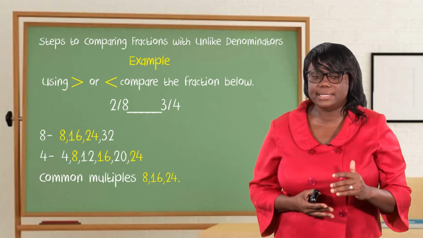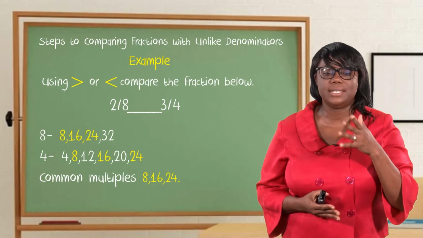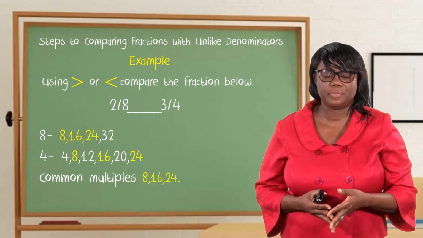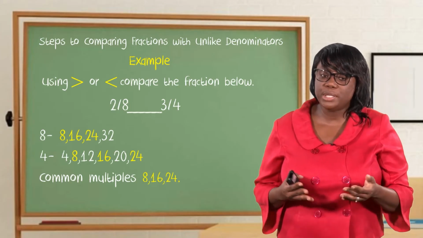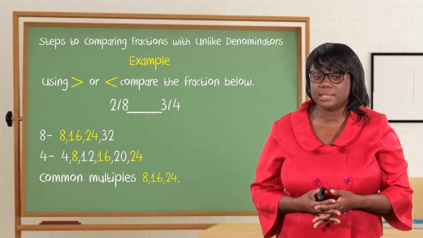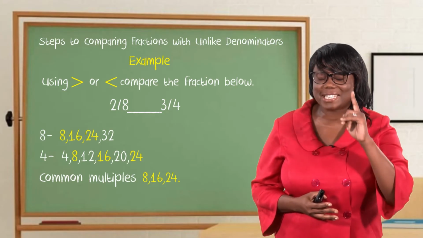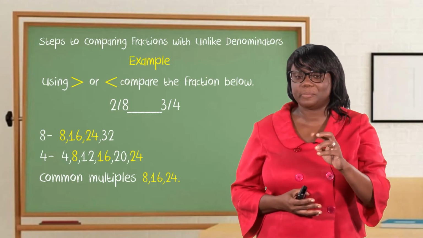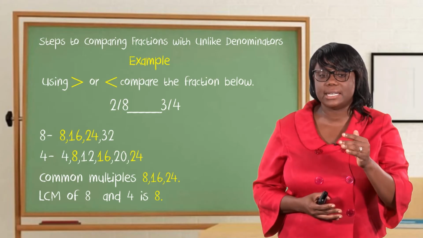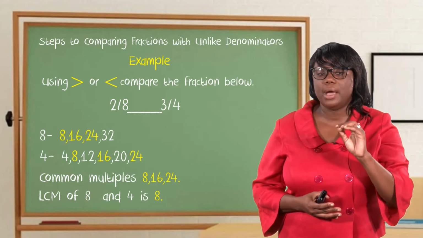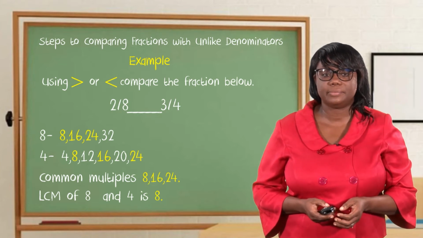We see 8. We see 16 and we see 24. Last step for the LCM. We now have all these common multiples, but we only want the lowest common multiple. And the smallest number there would be 8. So the LCM of 8 and 4 is 8.